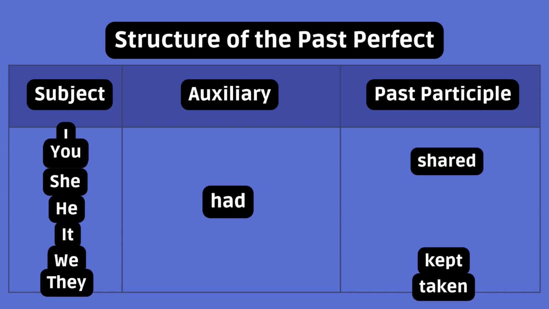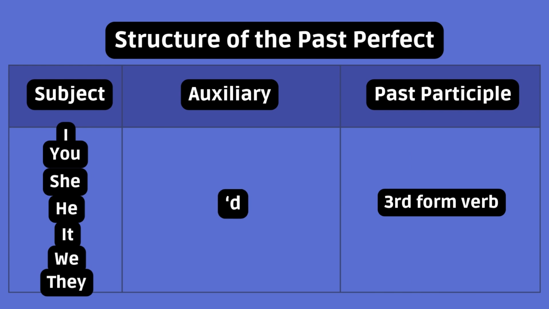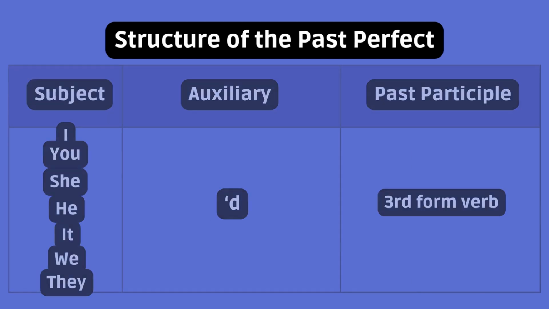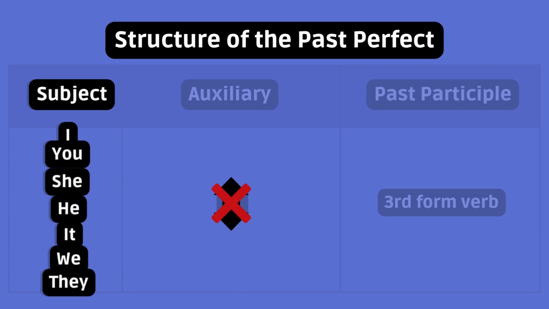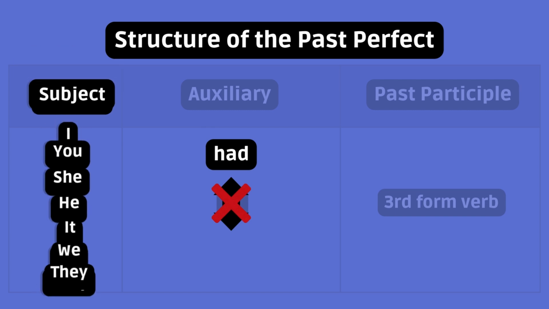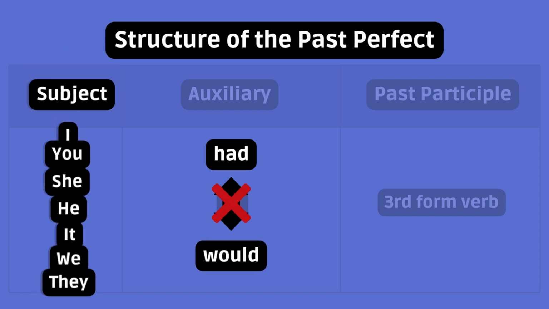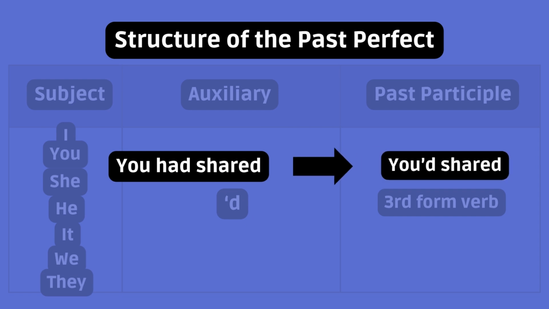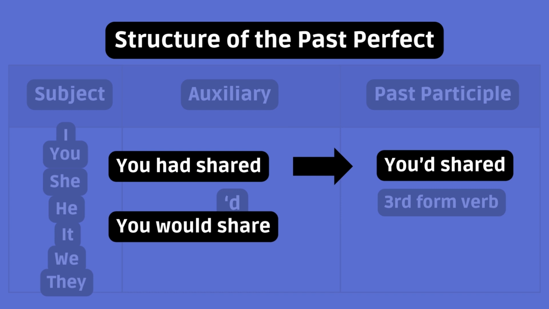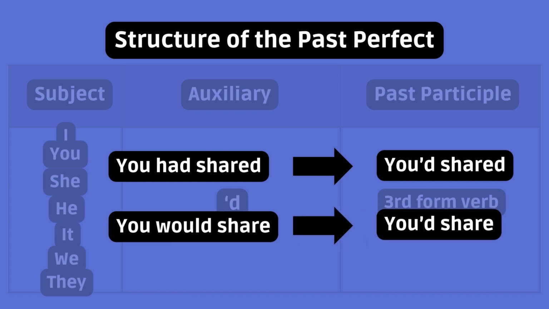So far, so good. Now, you can totally use a contraction of the subject and had. However, let's not mix up the contraction subject plus had with the identical contraction subject plus would. You had shared equals you'd shared, and you would share equals you'd share.